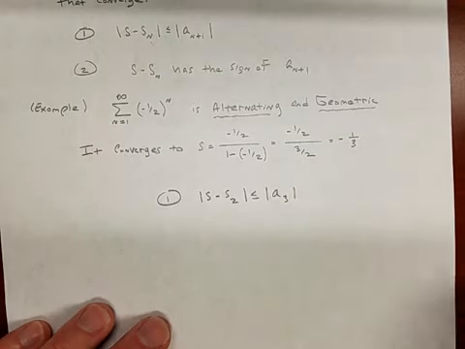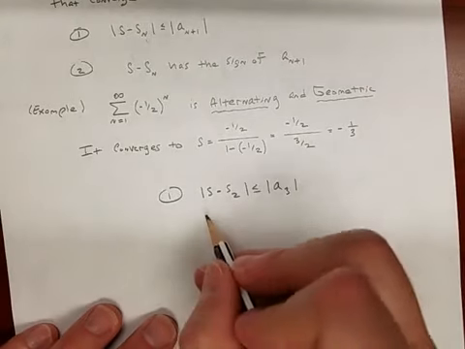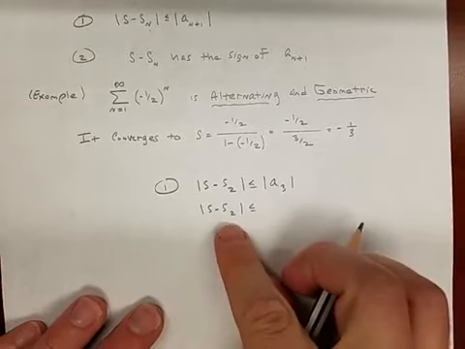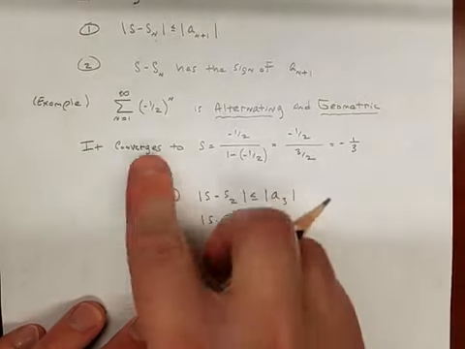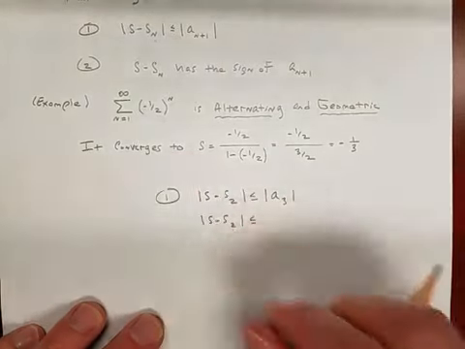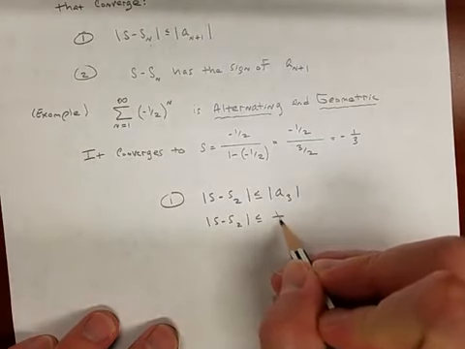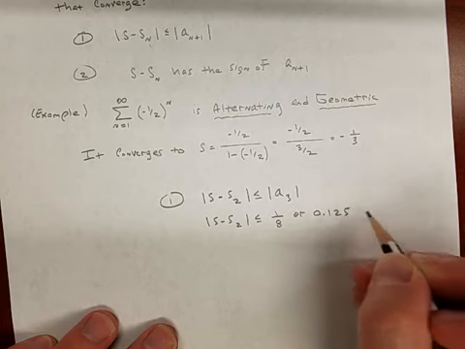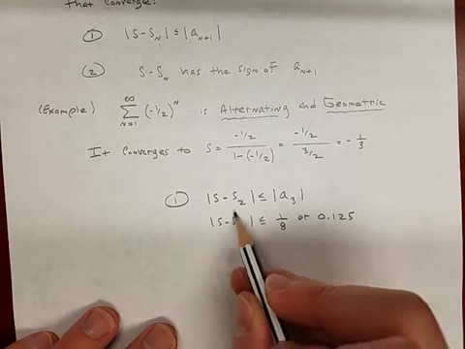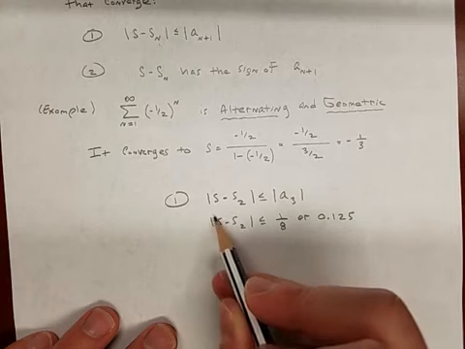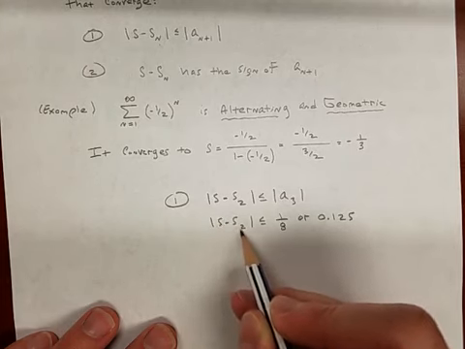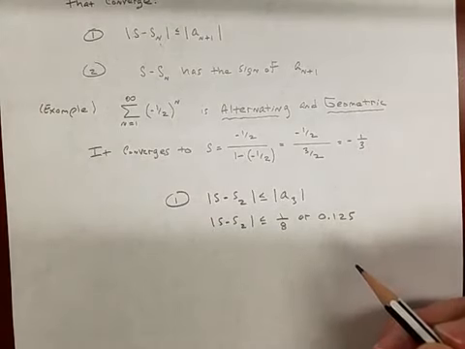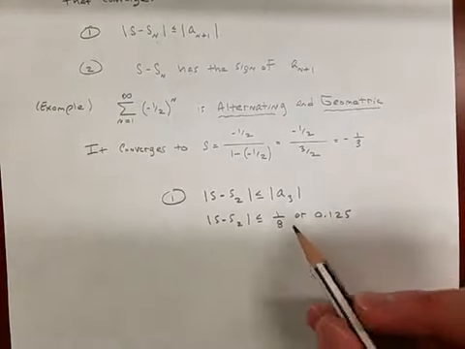What is the third term of that? Negative 1 over 8, so 1 over 8 or 0.125. That's how close these are. You can add the first two terms and you can add forever, and the difference between those two numbers is less than 0.125. All right, that's a prediction.